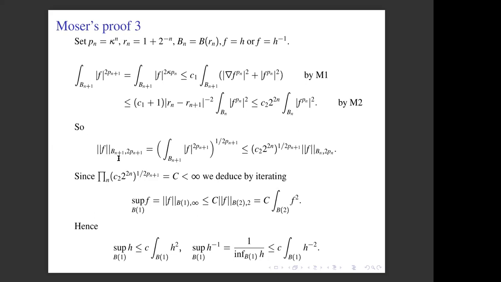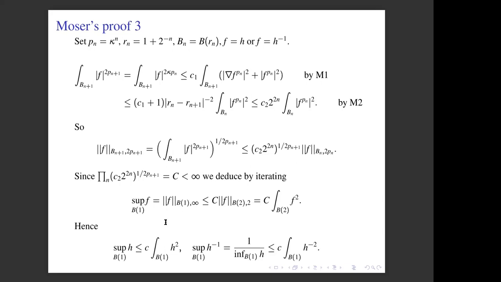What I mean by this notation is the L^{2p_{n+1}} norm of the function f in the ball B_{n+1}. I've defined it here. So we have this expression here, and it's easy to check that if we look at the product over n of these quantities, we get some constant c, which is finite.